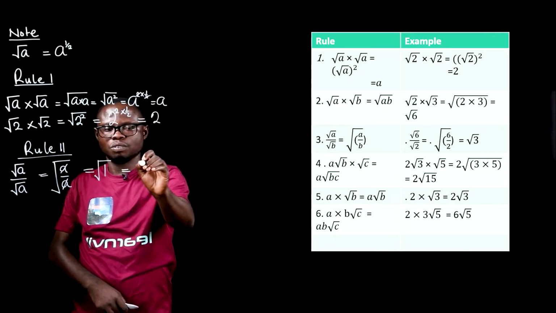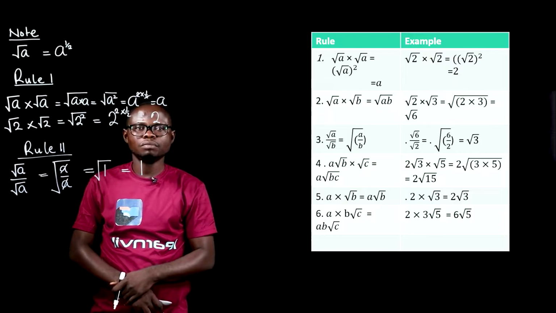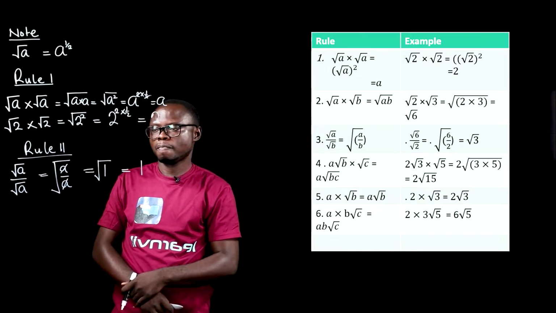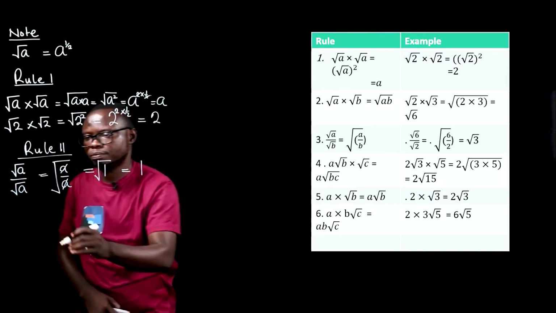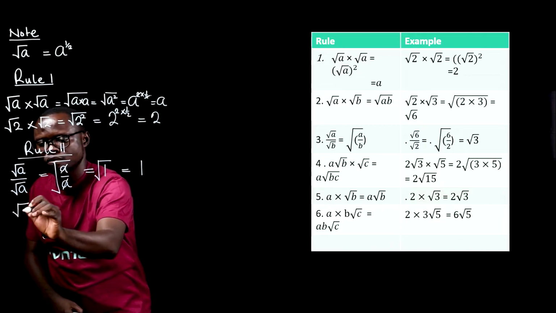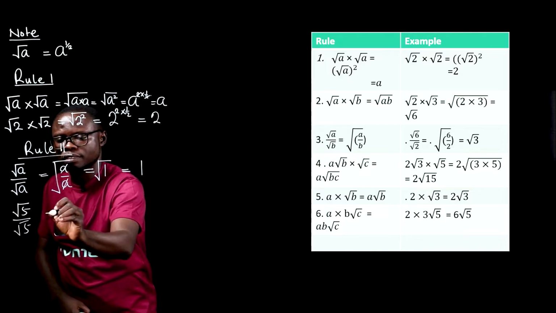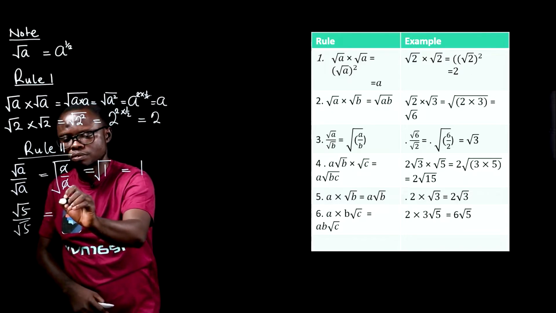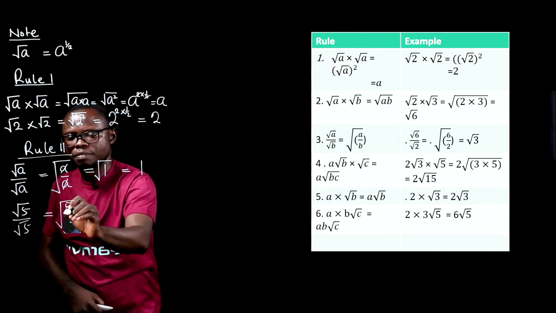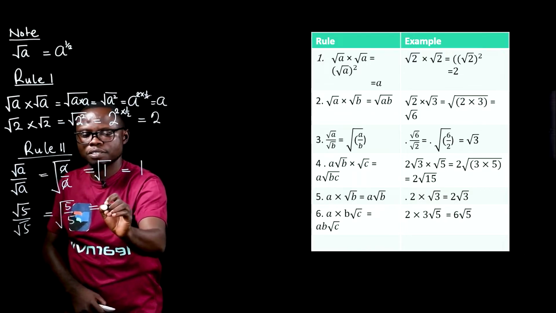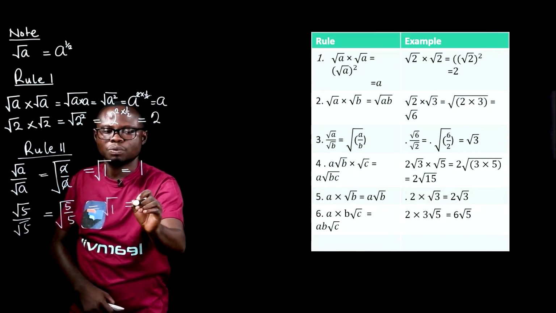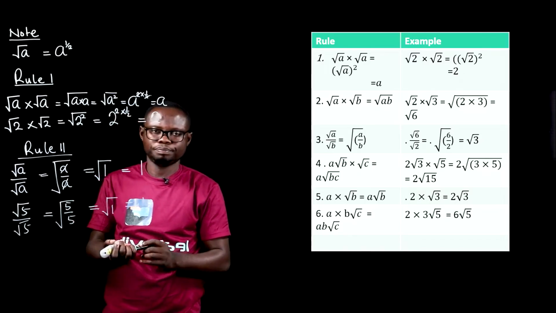And that is equal to 1. For example, root 5 over root 5 is equal to bigger root of 5 divided by 5, and this reduces to root of 1, which is equal to 1.